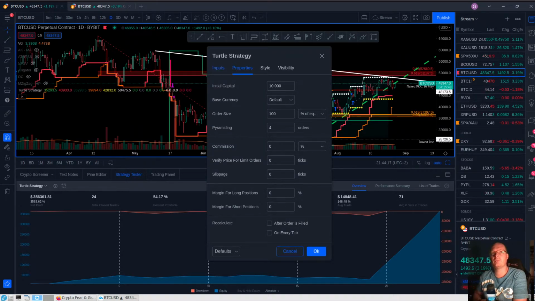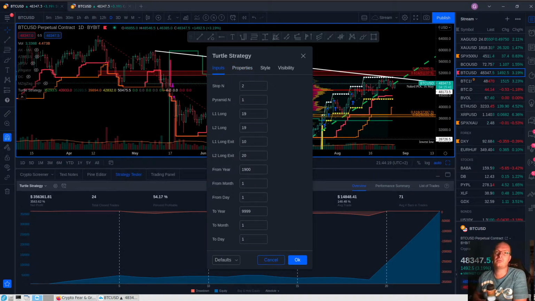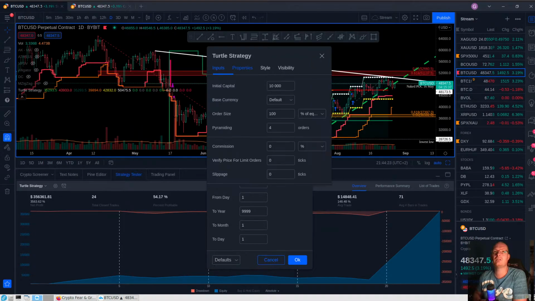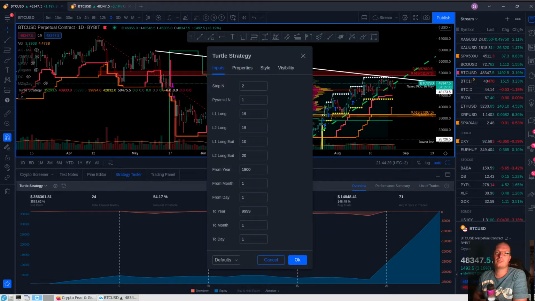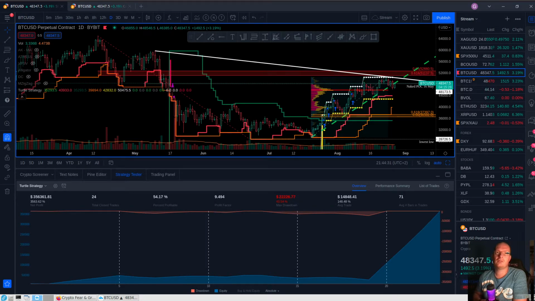But I'm wondering now if I'm not making a mistake. 19, 19. Well, because when I did the previous test, then this one was negative. So now it seems it's still quite fine.